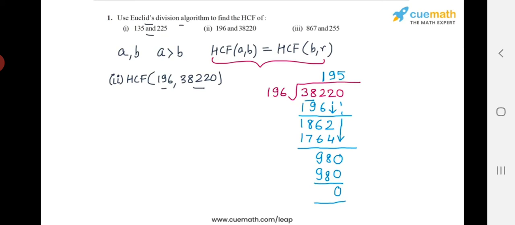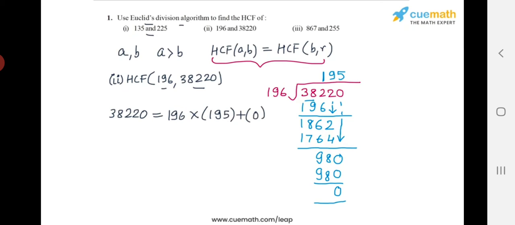Okay, so this is actually quite interesting. 196 is a factor of 38,220. So applying Euclid's division lemma to this pair of numbers, we will get 38220 is 196 times the quotient, which is 195, plus the remainder, which is 0.